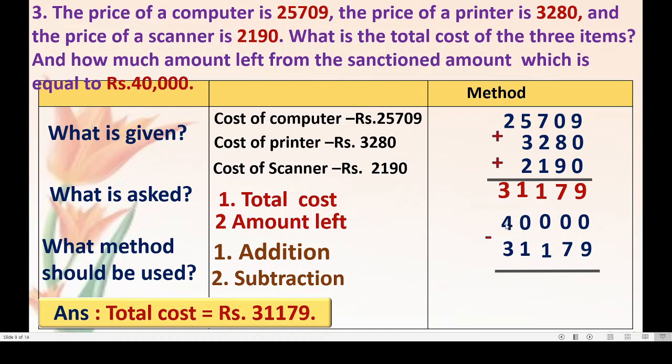Now here it gives 1 ten-thousand to the thousands place. First you have to remember here 4. Here in the unit place you will get 10. Yes, so 10 minus 9 is equal to 1.